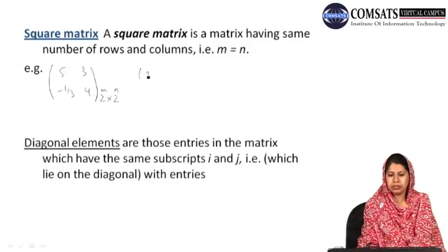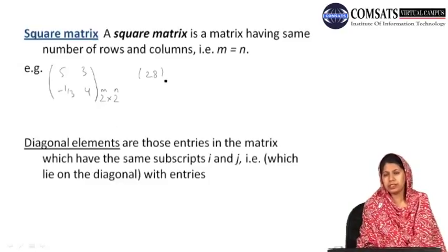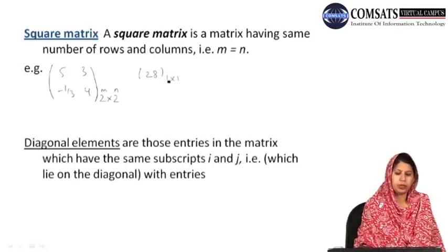For example, 28: is it a square matrix? Yes, of course. It is a column matrix, it is a row matrix, as well as a square matrix, because it has 1 row and 1 column, satisfying the condition that m is equal to n. So this is a square matrix as well.